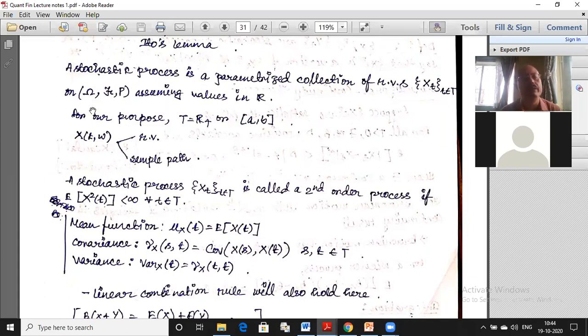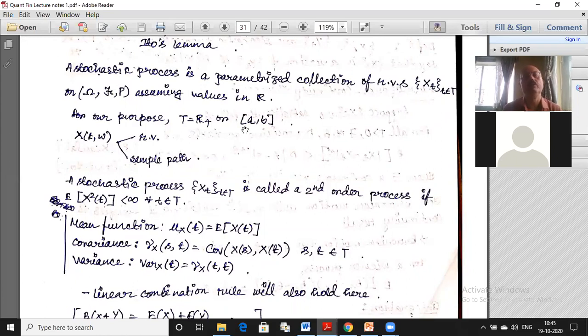The corresponding sigma-algebra is script F. And of course, we have the corresponding sequence of filtrations F_t, because we are eventually going to talk about F_t-adapted processes. So that will be created out of the sigma-algebra and the probability function P. So the typical triplet omega, F, P, and we are assuming that it's a real valued function because for all our practical purposes we are going to talk about price, so it's a real value.